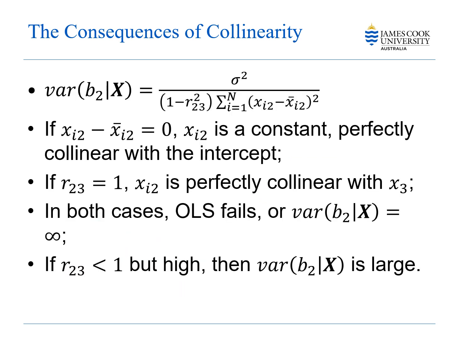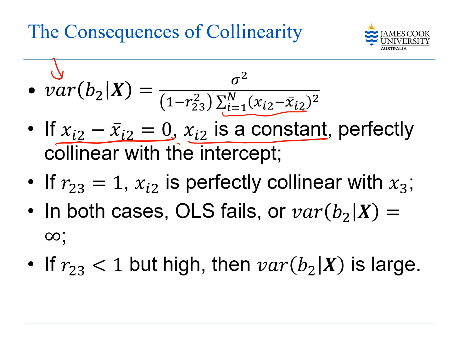So that's the variance, and we can see that this variance can be big. If we look at this formula, if there's no variation in xi2, which means the deviation from the mean is 0, then xi2 is constant. We can think that x2 is perfectly collinear with the intercept. Remember, we have a constant term. So this will be 0, and we cannot divide something by 0.